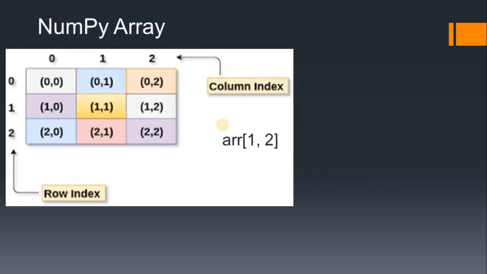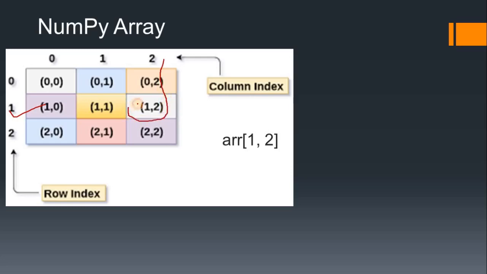Now we have the example of a two-dimensional array. It is in matrix form. So this is row number 1, row 2, row 3. Here row 1, row 2, row 3. It starts with 0. So if we see this position 1, 2, it indicates that 1 means the row number, so that row will be this one, and 2 means you have to see this column.